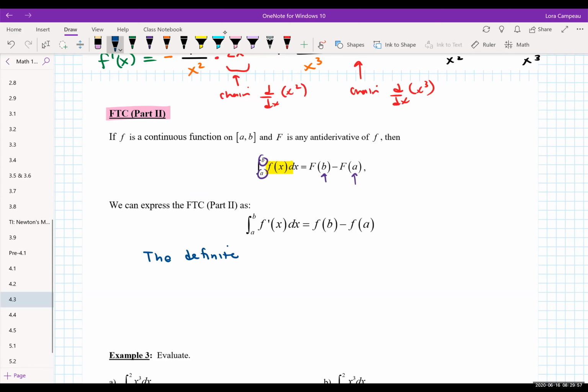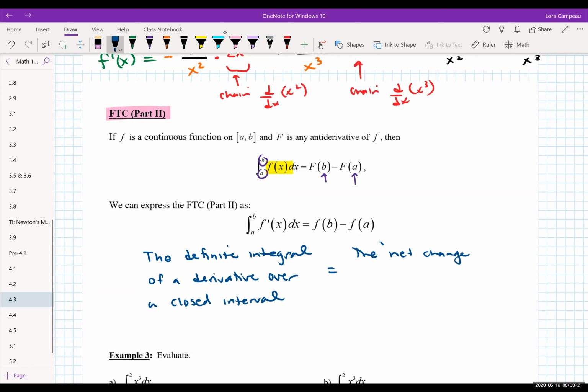The definite integral of a derivative over a closed interval is equal to the net change of the function over the interval.